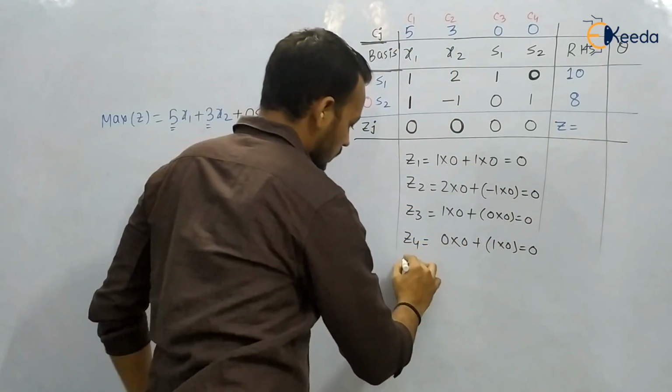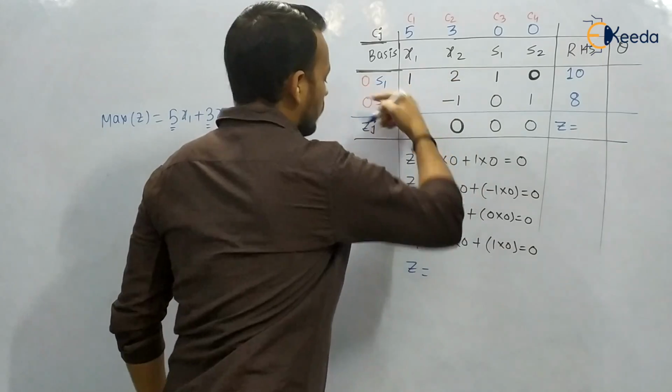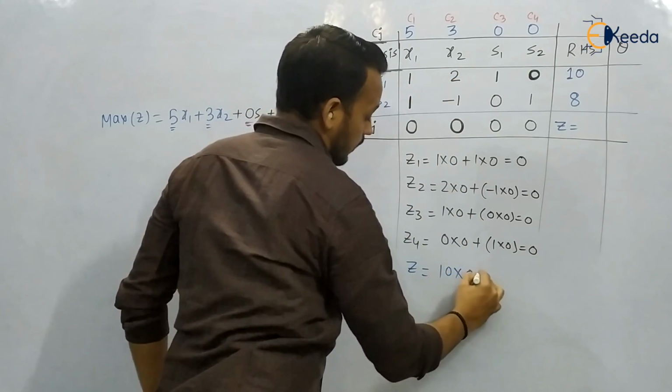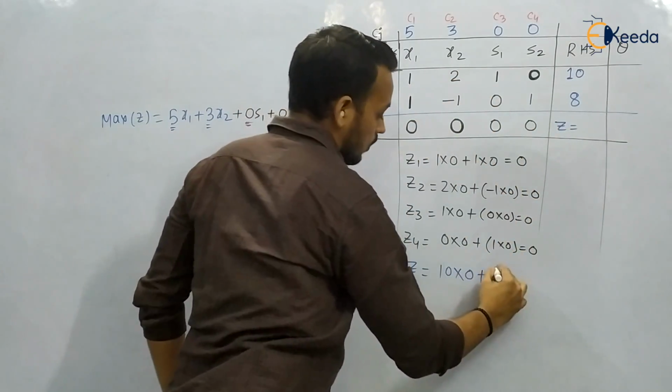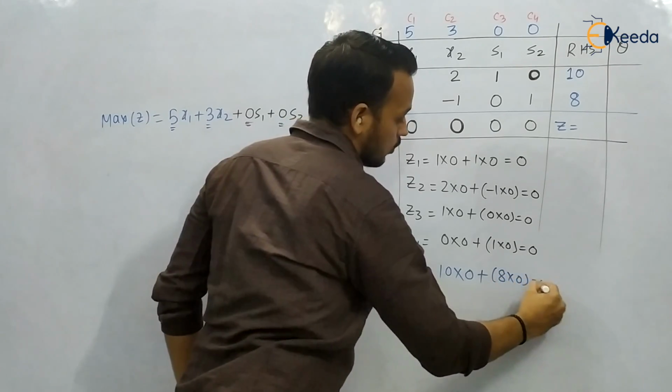With the blue marker, Z value: 10 into 0 plus 8 into 0, it is going to be 0.